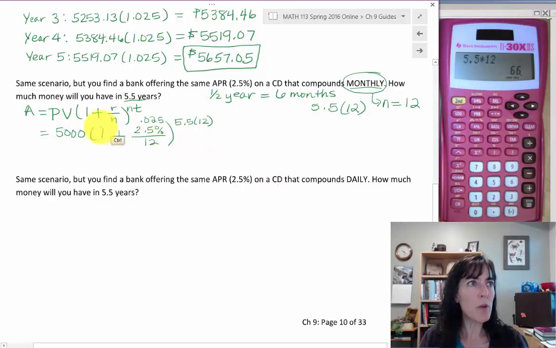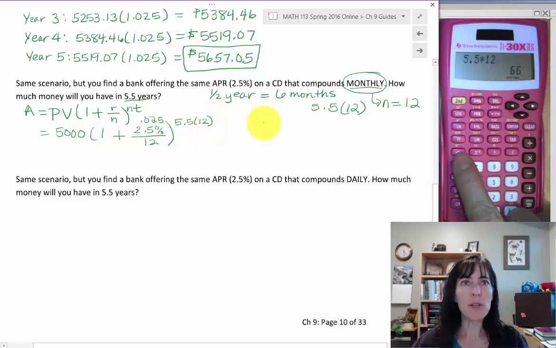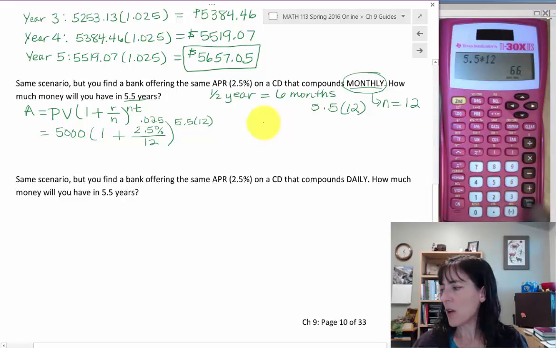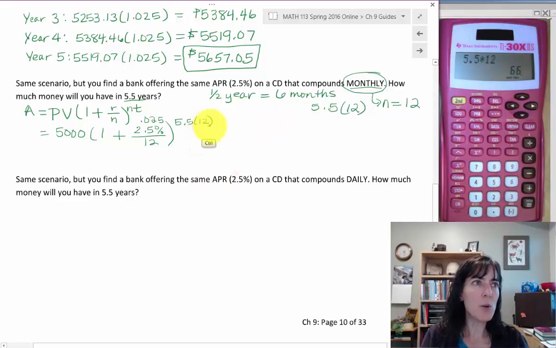So when I look at my problem, I know I need to work inside the parentheses first, but I'm going to tell you, go ahead and calculate this exponent. Remember, it is an exponent. It's not multiplied by, but it's raised to the power. So this button here, to the power, we'll be needing to use. So I want to calculate 5.5 times 12, and I get 66. That's good, it's a whole number. So instead of this, I can say 66 compoundings exactly.